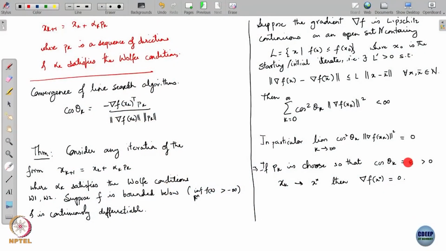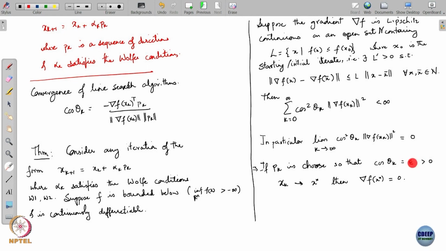Now, it's important here that the cosine is some epsilon, which is positive and remains positive. The way we have done this is by choosing an epsilon that is independent of k.